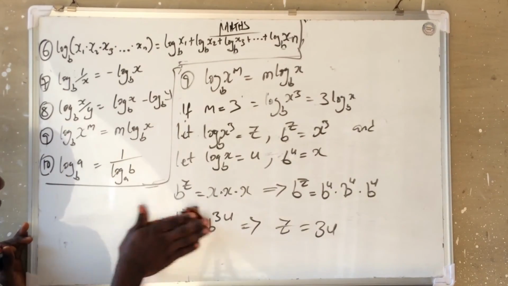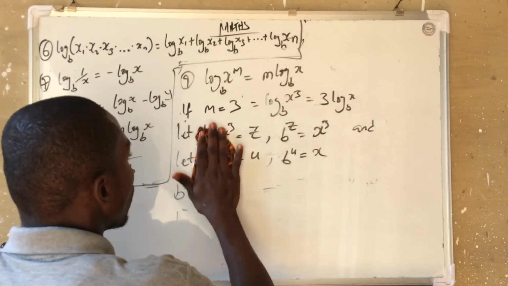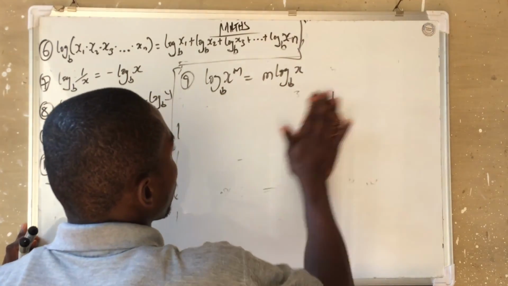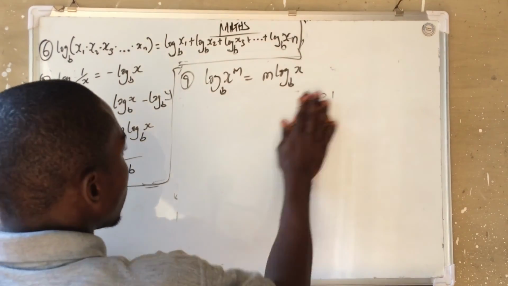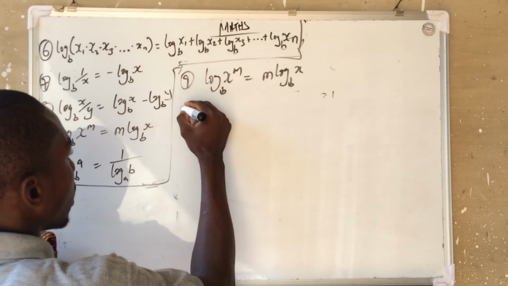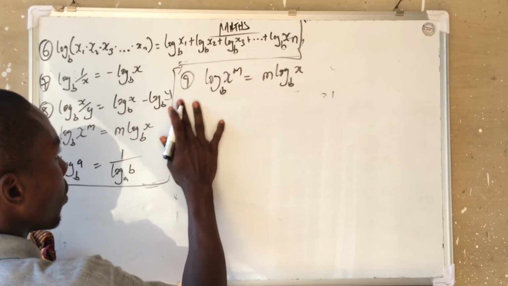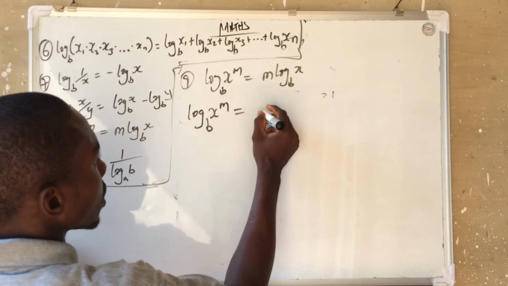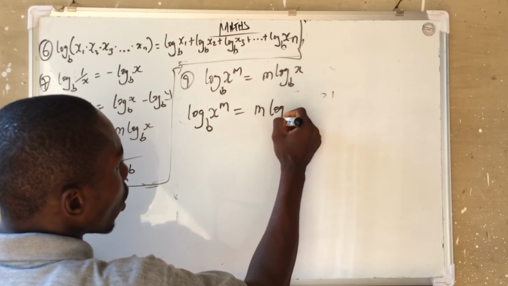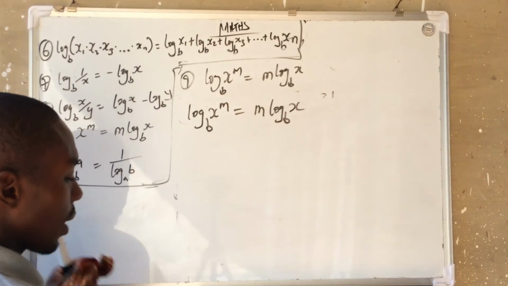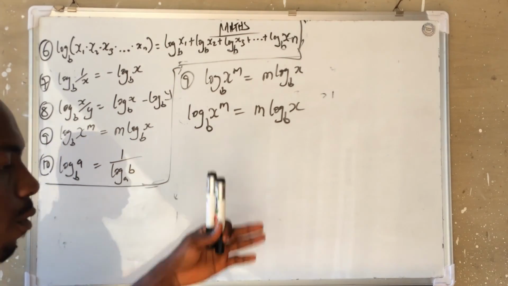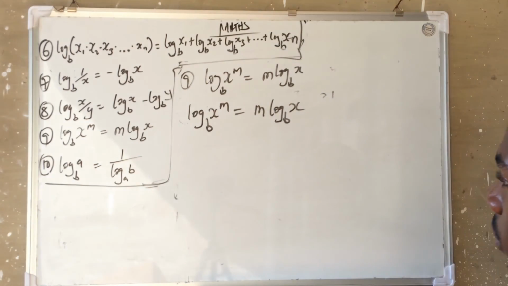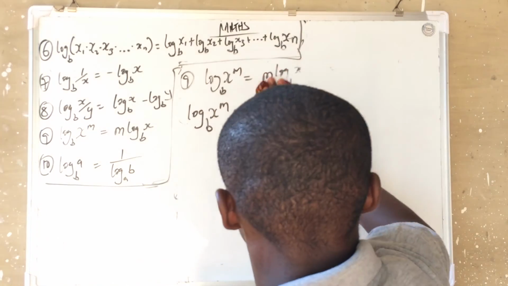We can now generalize it: log to the base b of x raised to the power m is equal to m log base b of x. So now we have proved what I claimed.